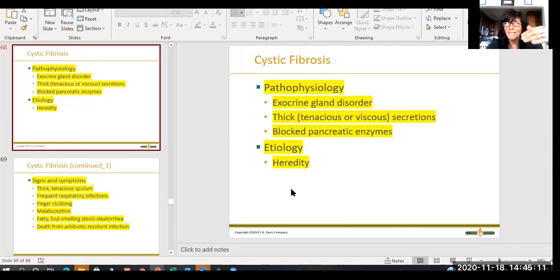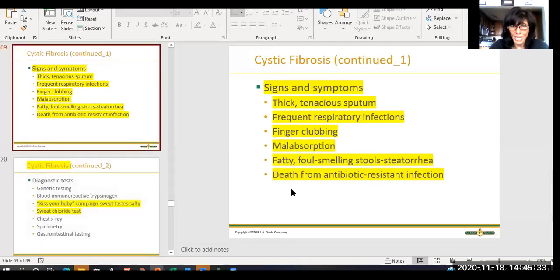The pancreas is endocrine and exocrine. So the pancreas makes insulin from an endocrine side, but on the exocrine side, it makes amylase and lipase. They're two enzymes. In cystic fibrosis, these patients' pancreas can't make those enzymes, so they have problems with their bowels, problems with their breathing. It's a mess, okay?